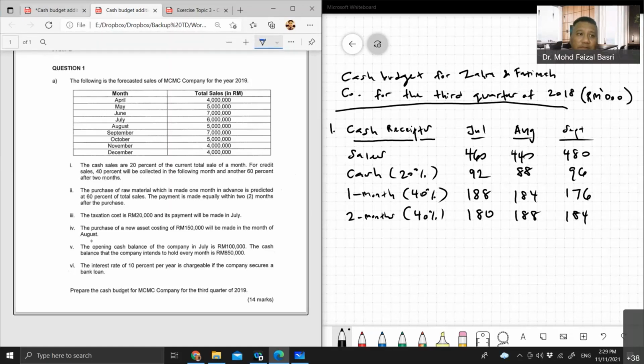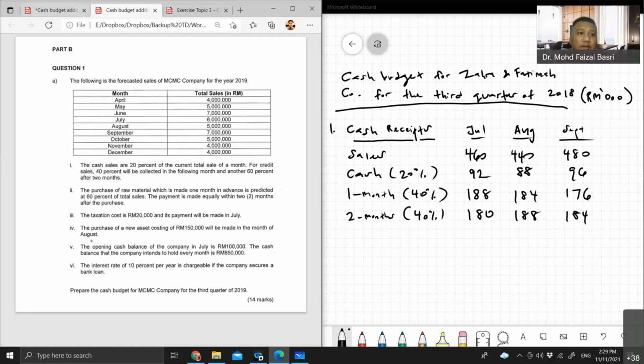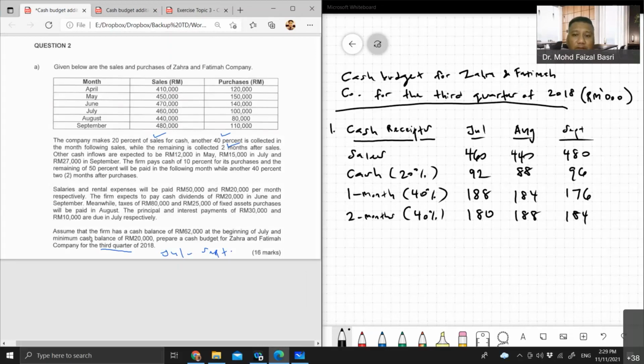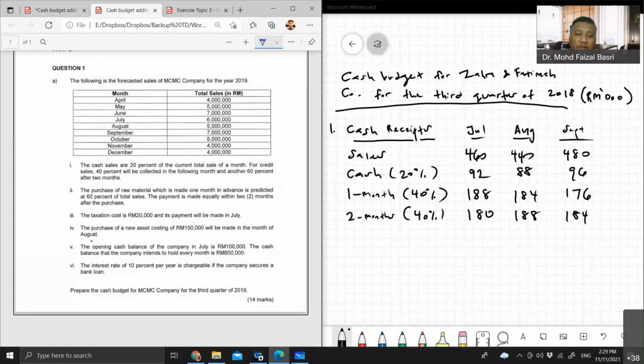Okay, going back to this question. Now, what I suggest, regardless of whether the question is in paragraphs or in bullet points, after you do the sales and also the collections, the next step is to check for any other incoming inflows.